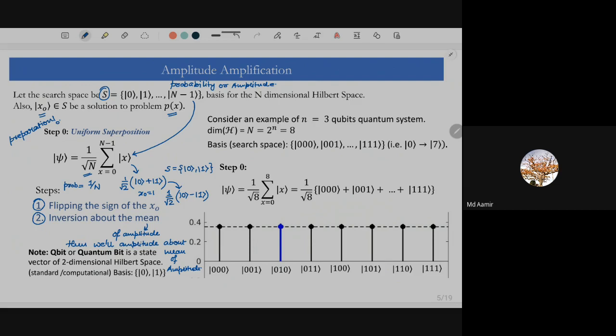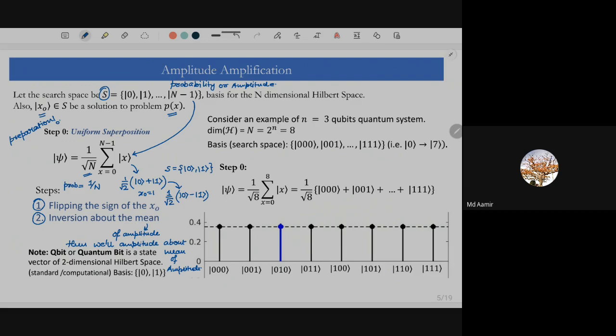So in the second process, inversion about the mean, we first compute the mean of the amplitude, and then we flip all the amplitudes about the mean of amplitudes which we have just found. Now let's understand these two steps and also step zero, the preparation state, with some examples.